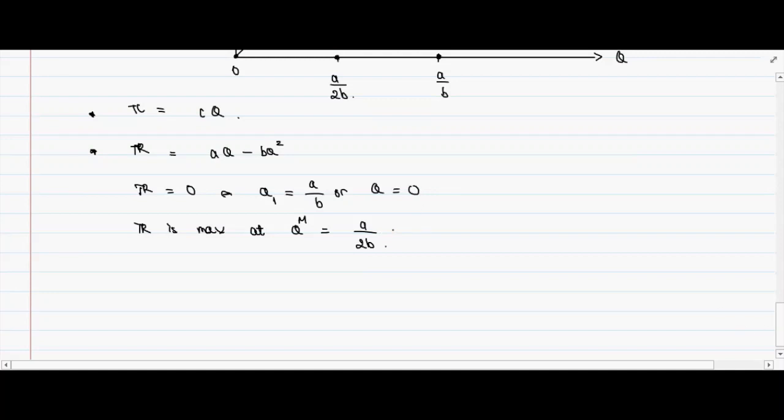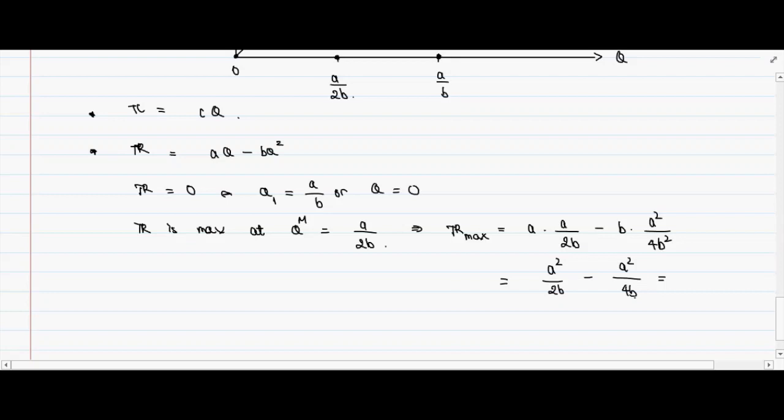Alright. Now at the point where QM is equal to A on 2B, I want to find out what the value of the total revenue is. So if I sub the value of Q back into the total revenue function, I get A times QM, which is A on 2B, minus B times Q squared, which is A squared on 4B squared. So simplify this, I get A squared on 2B minus A squared on 4B.